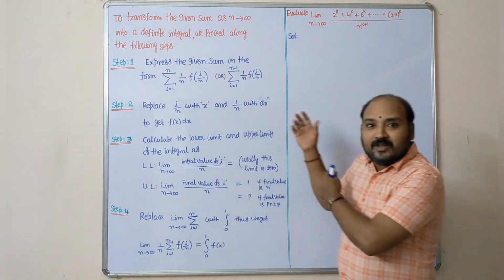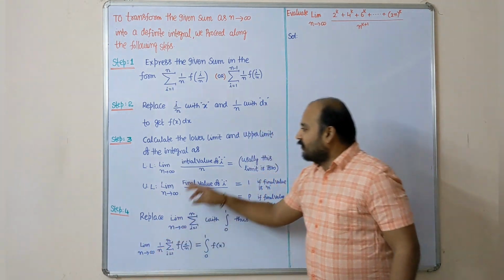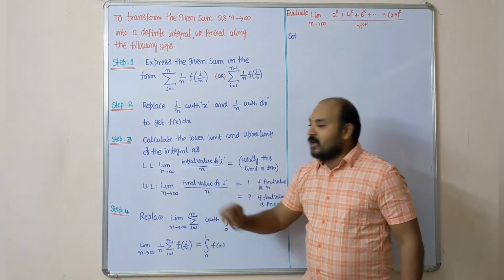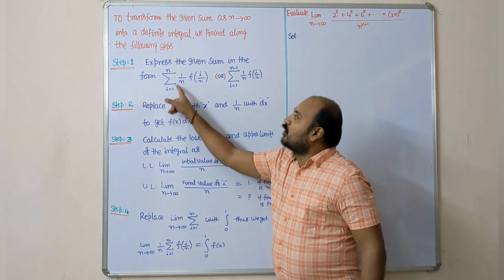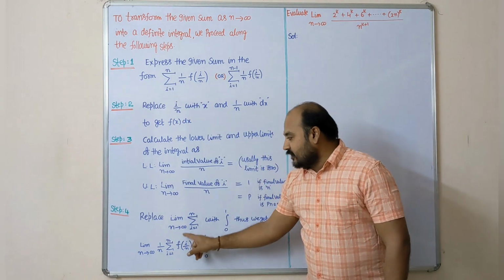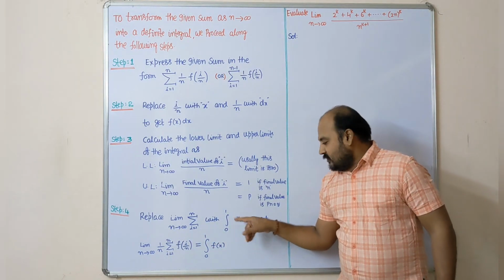According to the steps, I will give the example, so don't worry about the procedure. Next, come to step 4. After finding the lower limit and upper limit, replace limit n tends to infinity, sigma i equal to 1 to n, with integral 0 to 1.